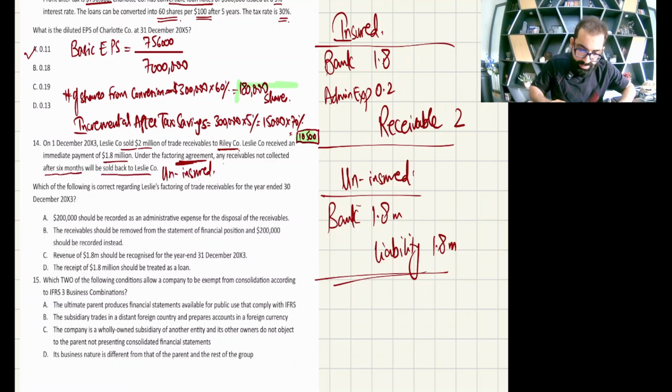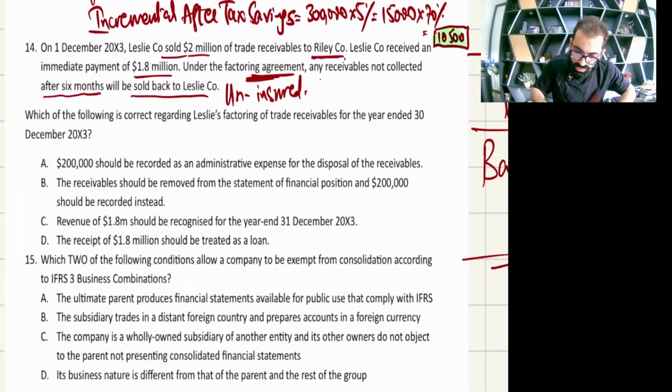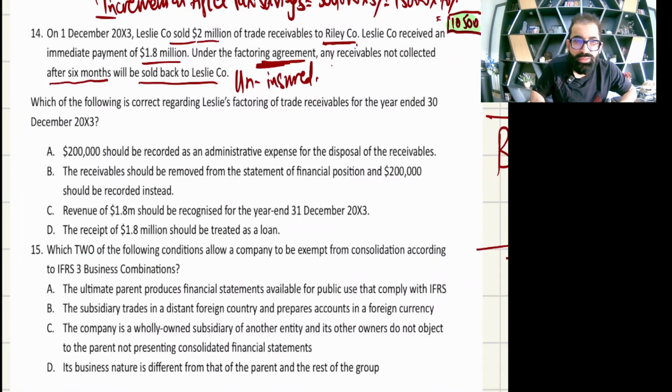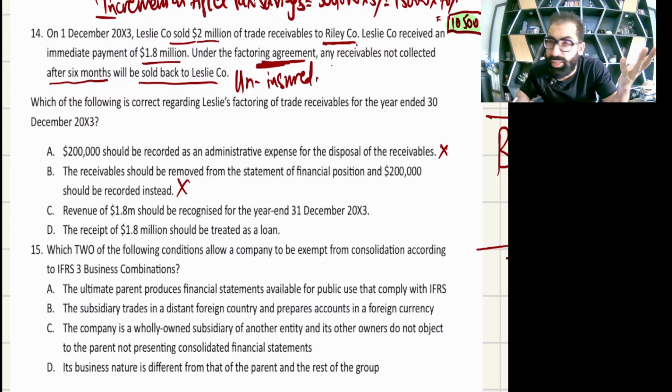Let's see. See this. Let me enlarge it. Which of the following is correct regarding Leslie's factoring? 200,000. No, this is wrong. Admin expense should be booked when it is insured. It is not insured. The receivable should be removed? Never, because it is not sold. In reality, the risk and reward has not been transferred.